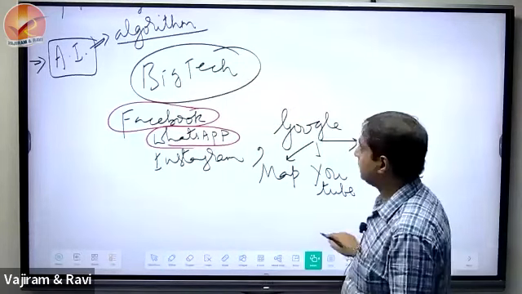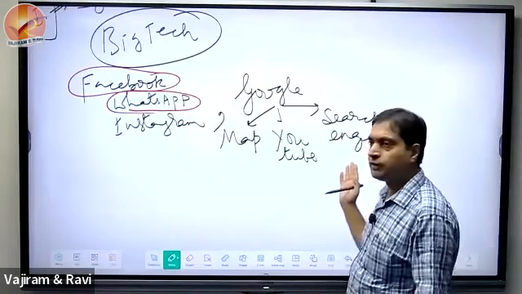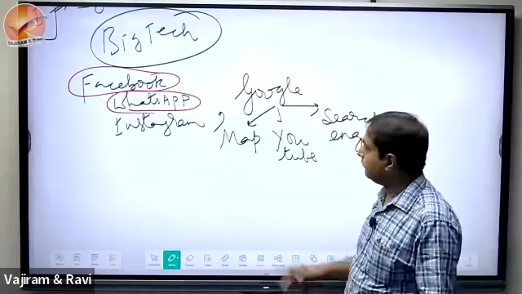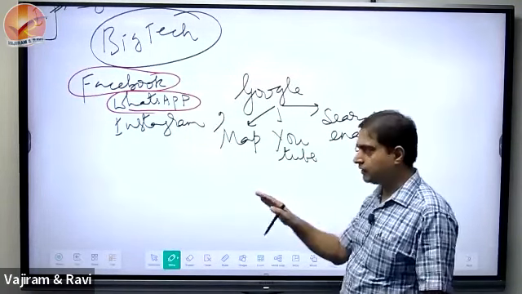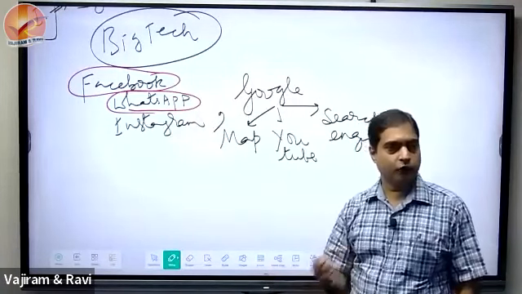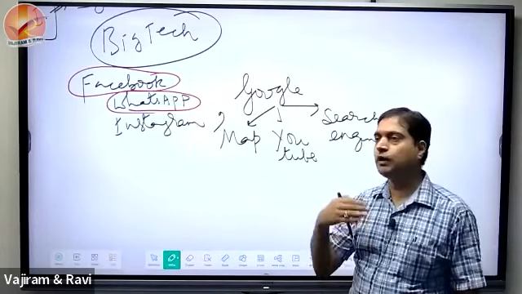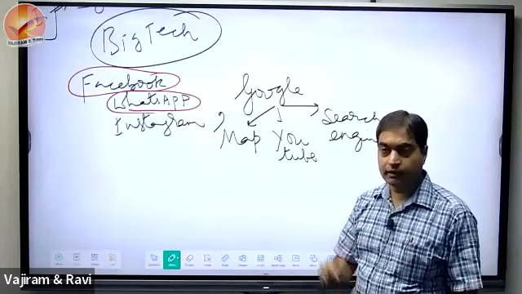Similarly, when you are on Google platform, whether you are browsing certain websites, that will be recorded. Whether you are watching certain videos over YouTube for the past so many years, getting recorded. When you are on Google Map, it is getting recorded, which place you are visiting, how many times you have visited, in between what direction you have selected, the path to reach the destination, in between where you have stopped.